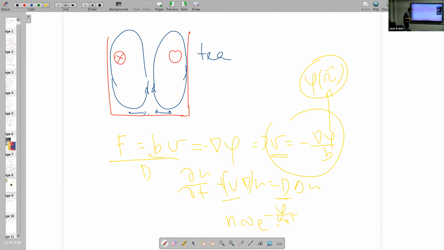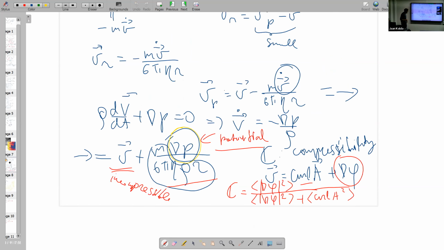Well, this is what we discussed before when we spoke about compressible velocity fields. And the main lesson here was that inertial particles in a fluid will have a compressible component, a potential part in the effective velocity field.